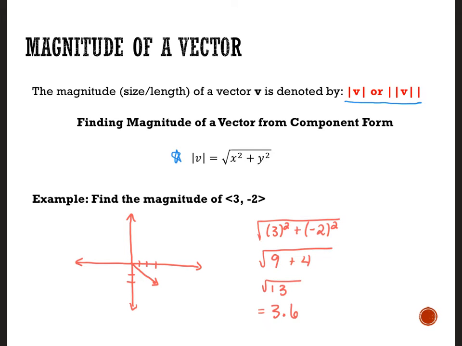What I'm describing with the magnitude is how long the vector is, some type of length or size of the vector. So this vector has a magnitude of 3.6 units long.